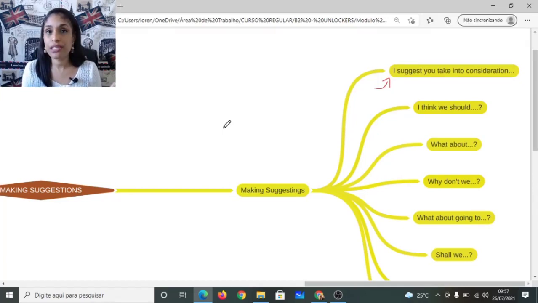So you can say, for example, take into consideration that you have kids. You know, take into consideration. I can take out, I suggest you, or put aside, I suggest you. So that is another way to say the same sentence.